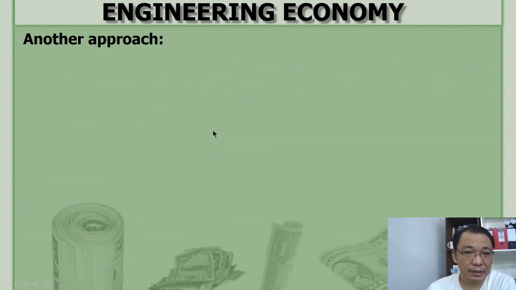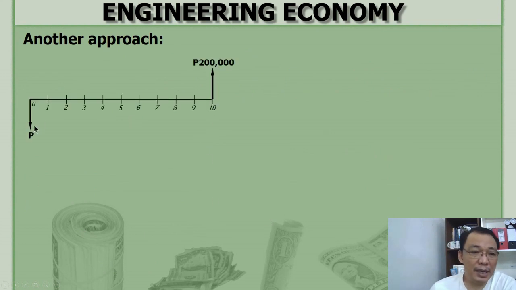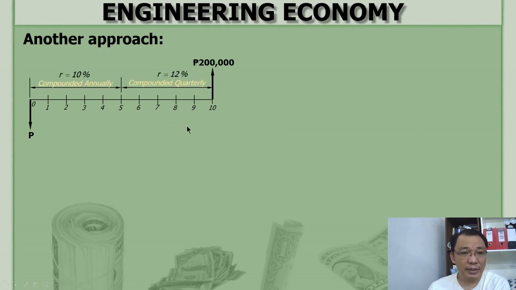Another approach is to project P forward to equate it to 200,000. A while ago, the 200,000 was projected backward to 0 to equate it to P. This time, we project P forward to equate it to 200,000. Same condition: for the first 5 years, compounded annually, for the next 5 years, compounded quarterly.